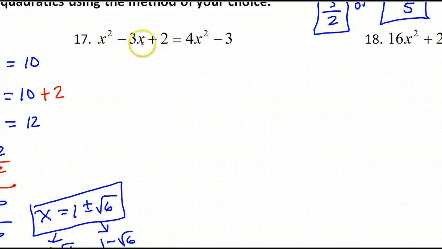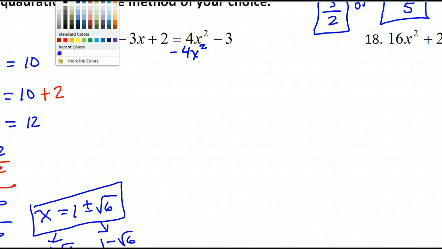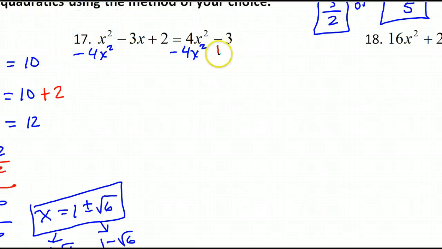Let's start by putting this in standard form. Okay, so I'm going to do that by subtracting 4x squared from both sides. And I'm also going to add 3 to both sides. Now both of these actually have like terms, so that's good.